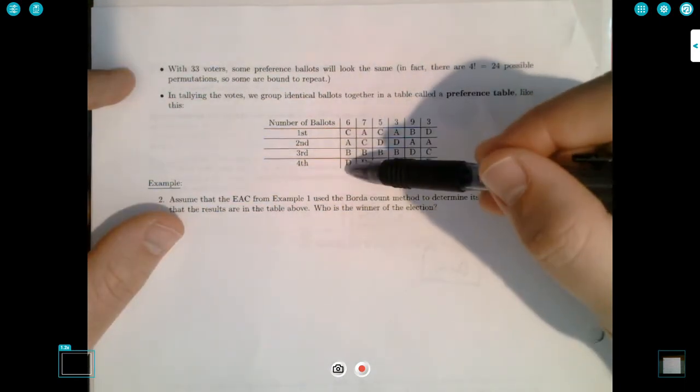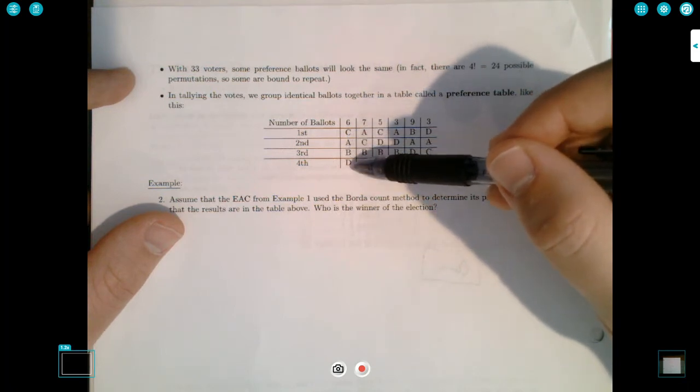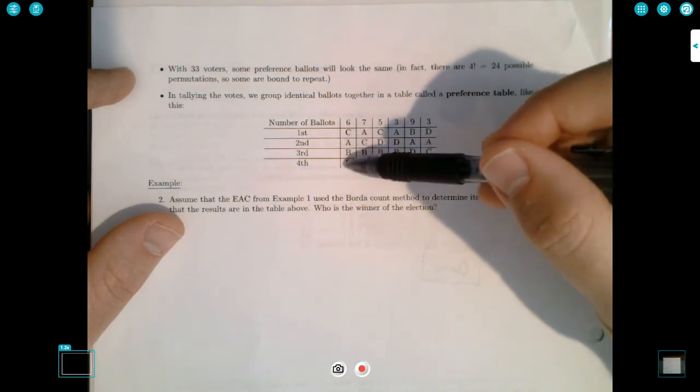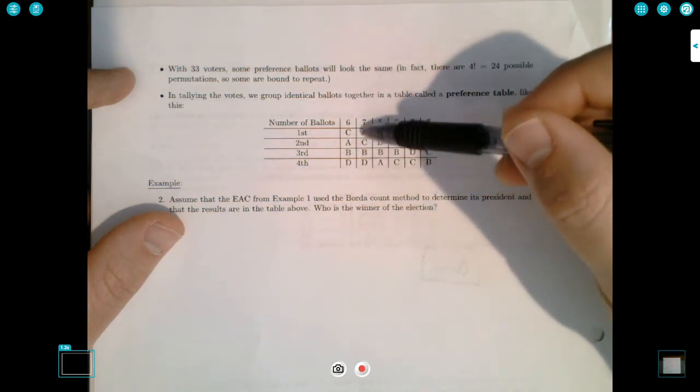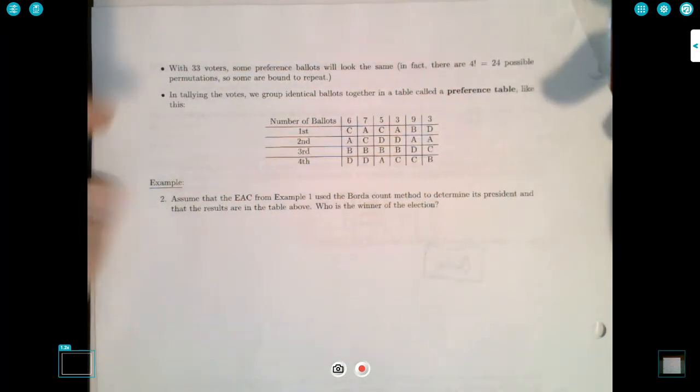This ballot, which ranked Kareem first, Anne second, Ben third, and Doreen fourth, 6 people cast that identical ballot. 7 people cast this identical ballot. 5 people cast this identical ballot, and so forth.